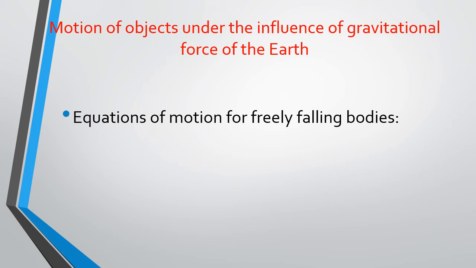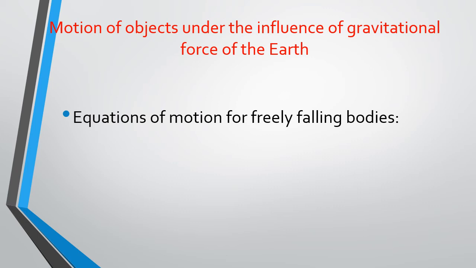This acceleration is called acceleration due to gravity and is represented by small g. The three equations of motion derived earlier in chapter 1, motion, for bodies moving with uniform acceleration, can be used to describe the motion of freely falling bodies.